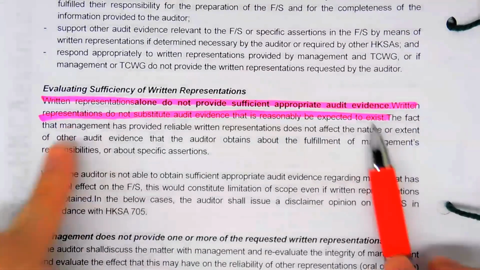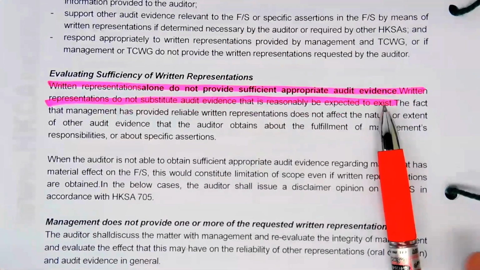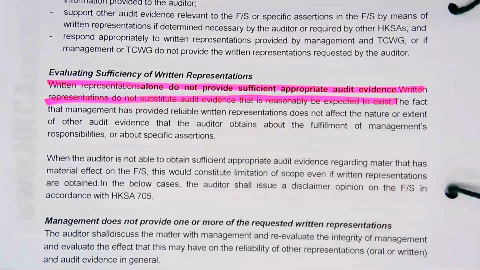Therefore, in the examination, you will come to a time the examiner asks you, for example, can I not send the audit confirmation, not send a bank confirmation, but ask the client or management to provide us with a written representation?